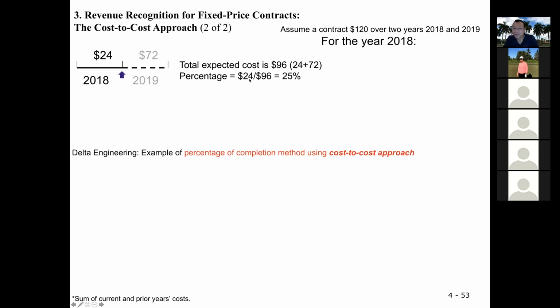So does that mean that 2018 is your current year? Yeah, what I'm talking about is the year of 2018, right? Right now I'm at the end of 2018, and I'm trying to figure out how much revenue I need to recognize.